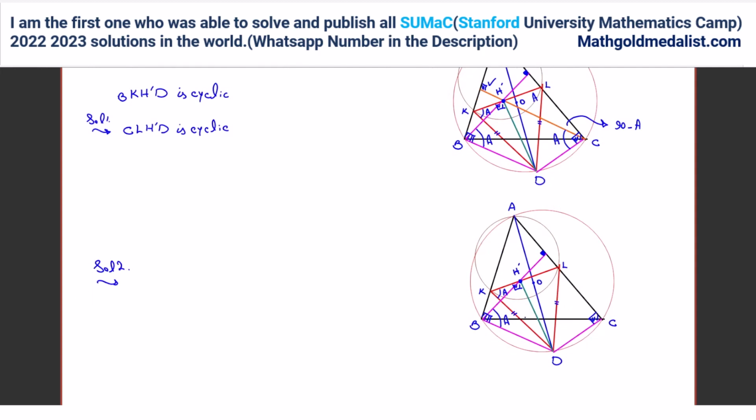So do you agree DKL is an isosceles triangle? Yeah. And DH prime is the altitude. So H prime is what of KL? Midpoint of KL.